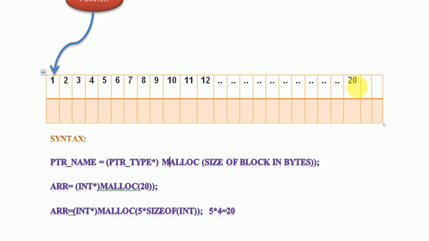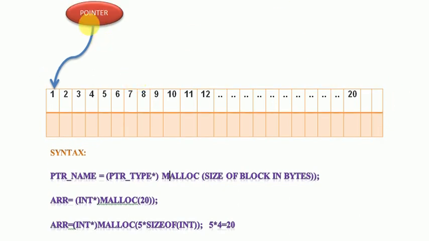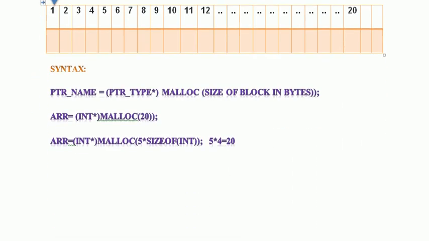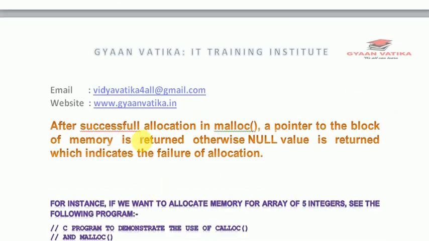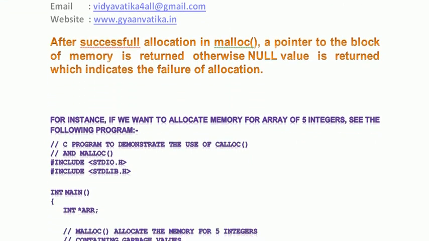So if we are allocating 20 bytes, there is a pointer which will point to the first byte of that block, right? So here ptr name is this pointer which is pointing to the first byte. And after successful allocation in malloc, a pointer to the block of memory is returned, otherwise a null value is returned, which indicates the failure of allocation, right?